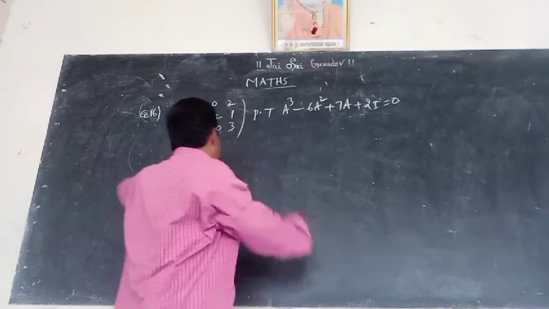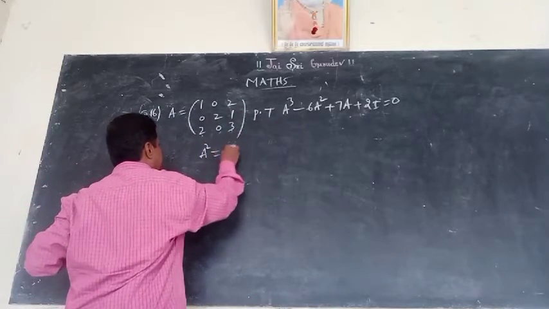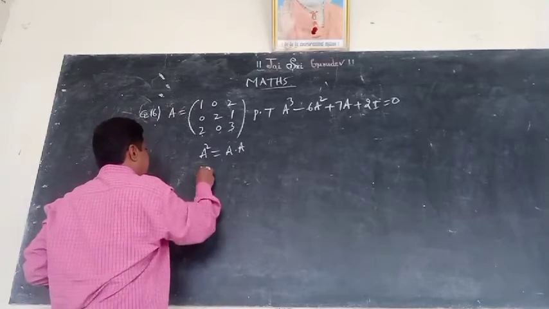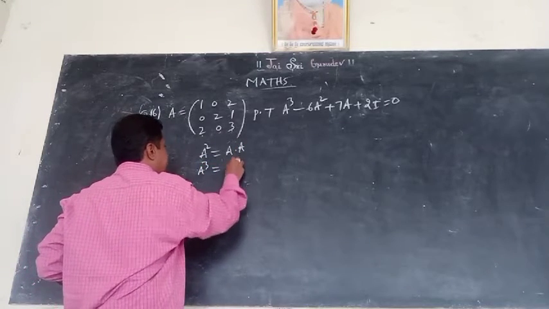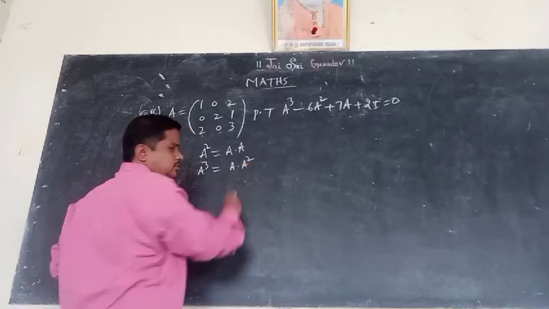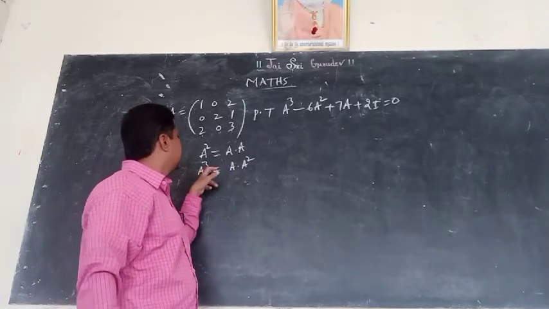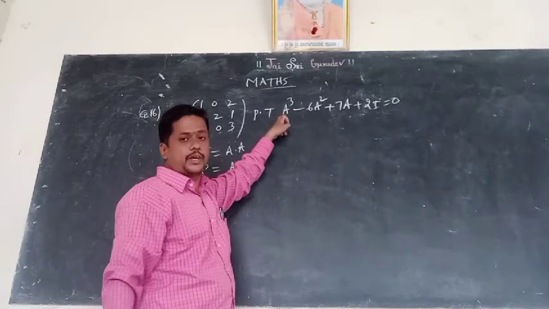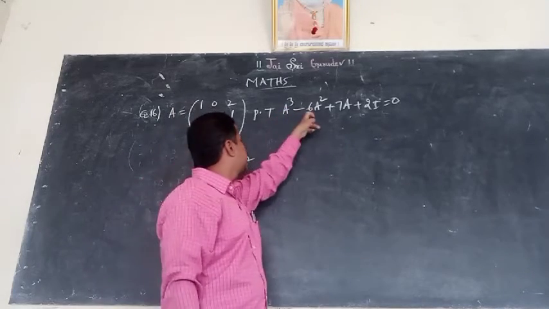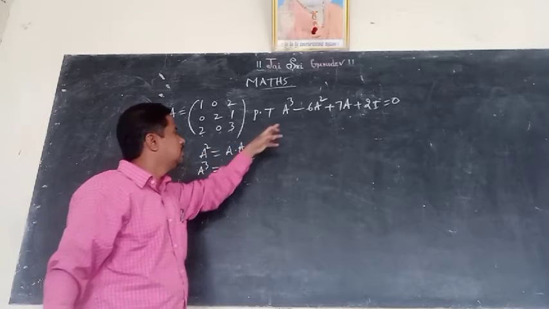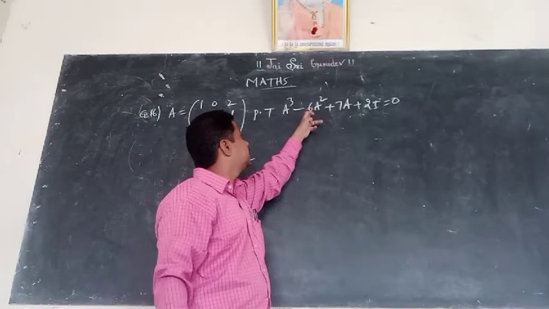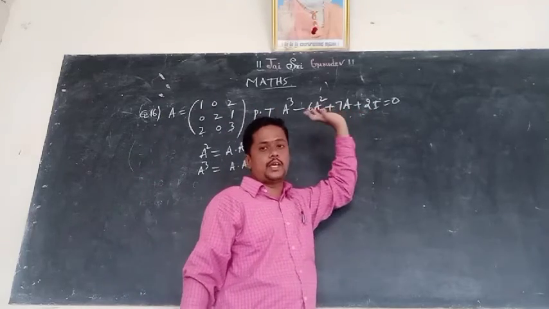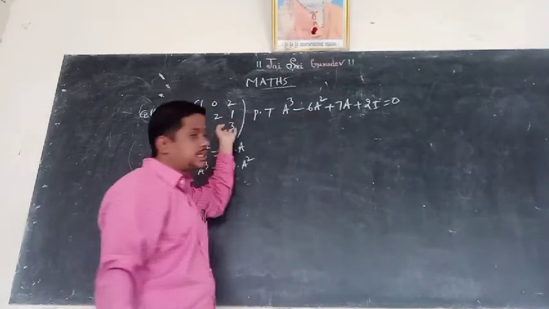First we have to calculate A square, A into A. Next we have to calculate A cube, A into A square, otherwise A square into A. After calculating A cube, A square is already calculated, so multiply with 6: 6 into A square, 7 into A is given, plus 2 into I.